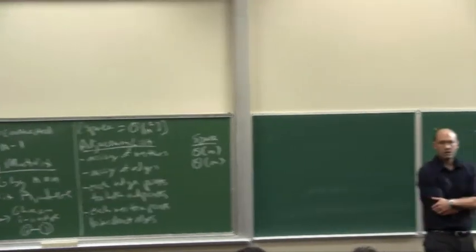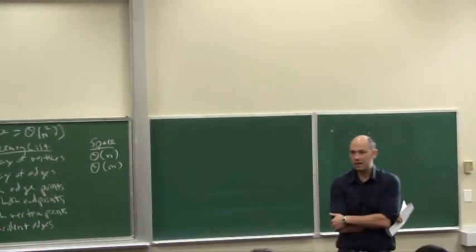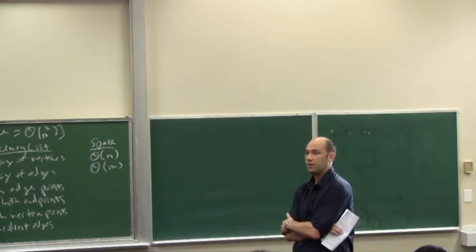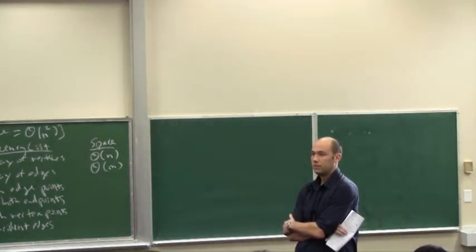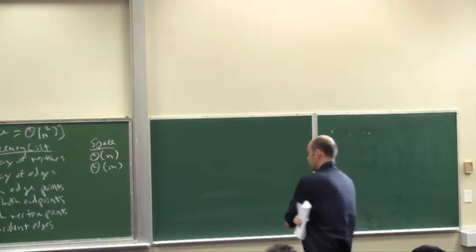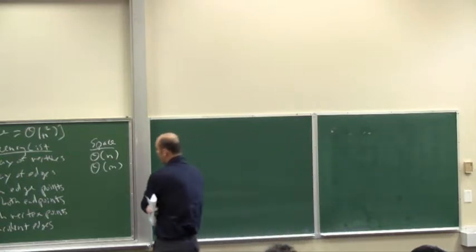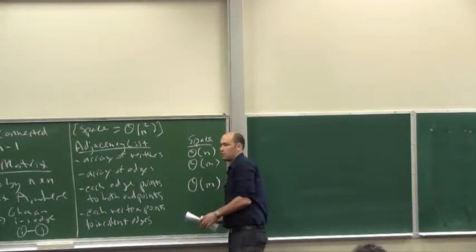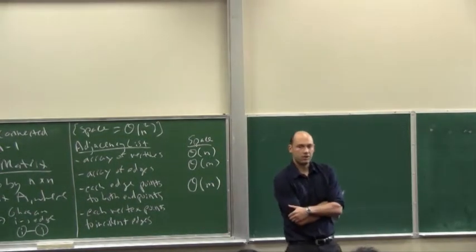How about the total space complexity of the pointers that go from an edge to the incident endpoints? So what is it per edge? It's constant, right? There's just 2 pointers, and then there's m edges. So it's constant space per edge. Overall, this is going to contribute theta of m to the data structure.